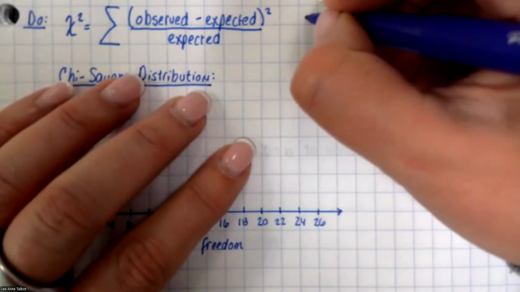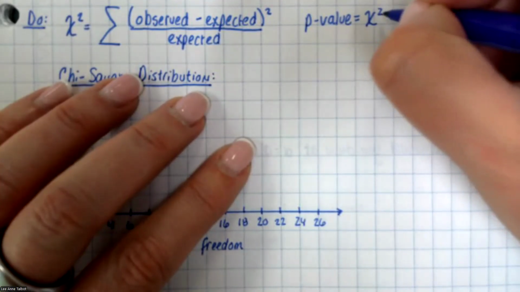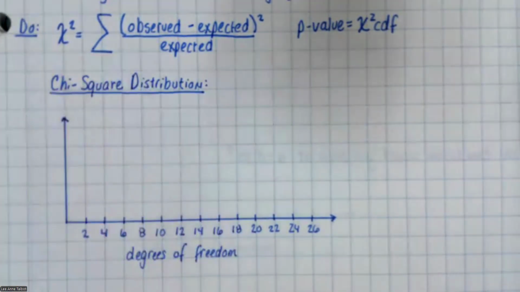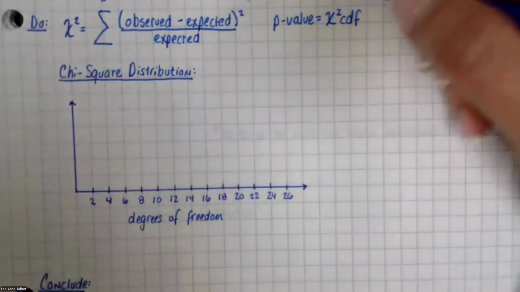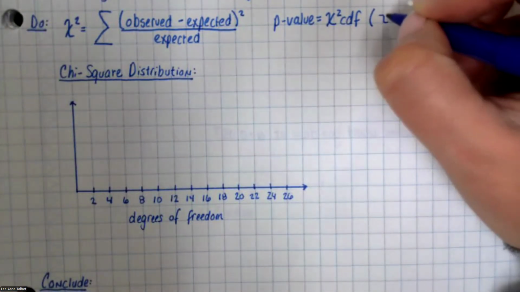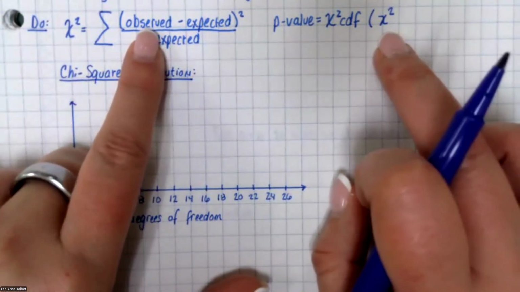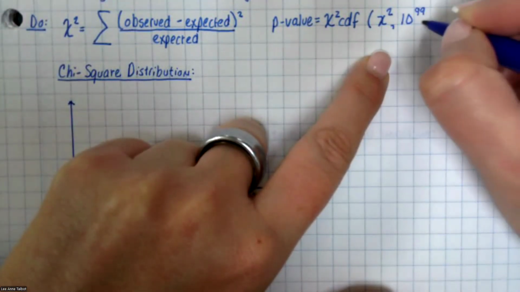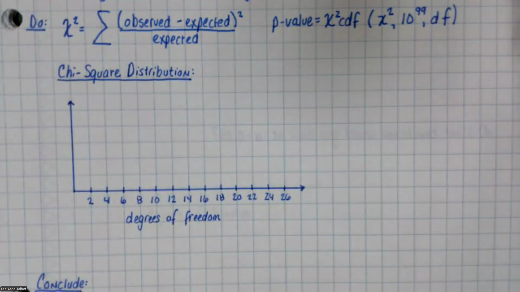And then, I don't know if you guys noticed, but there's a chi-square CDF in your calculator. The number that you get here is your low. Infinity is your high.